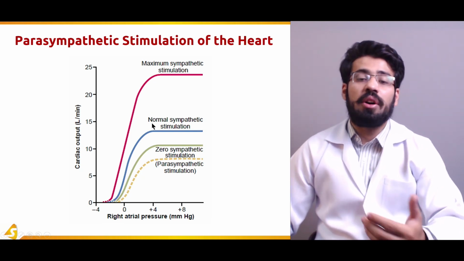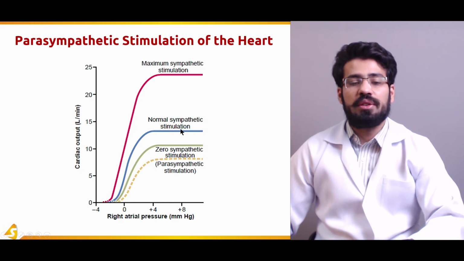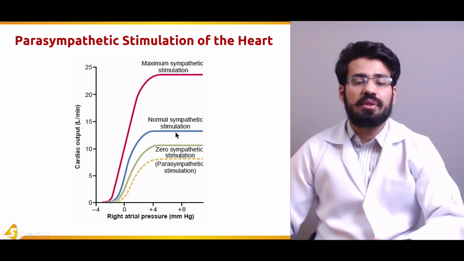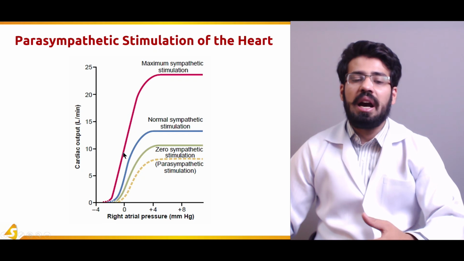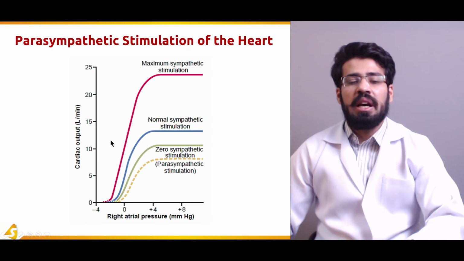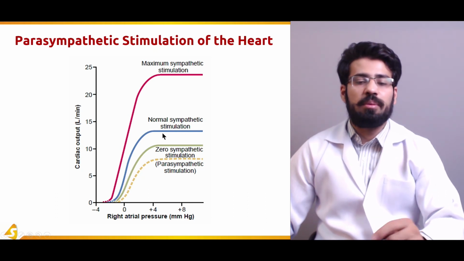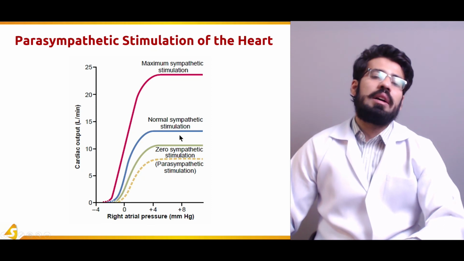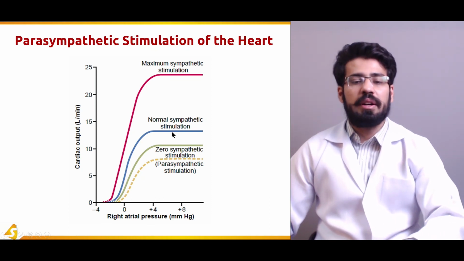In case of normal sympathetic stimulation, the cardiac output would be between 10 to 15 liters per minute of blood, around 13.5 liters pumped per minute.